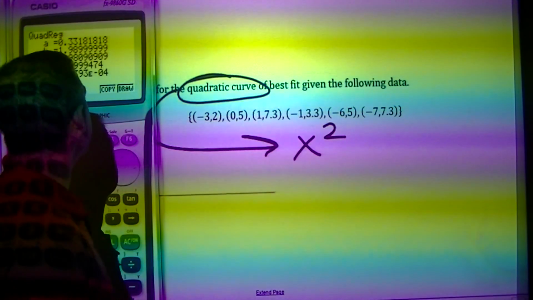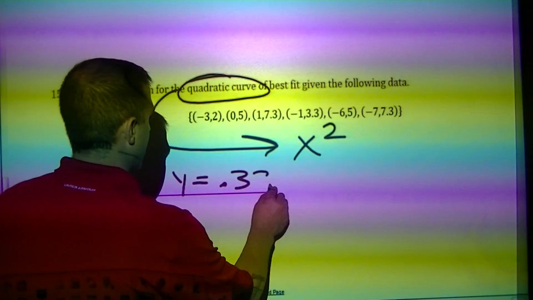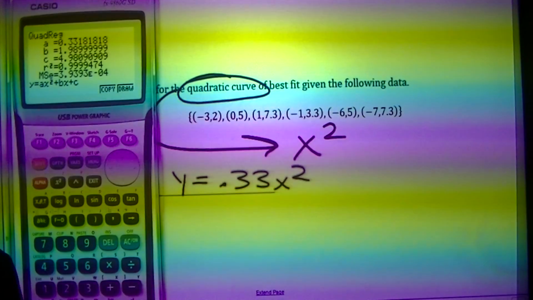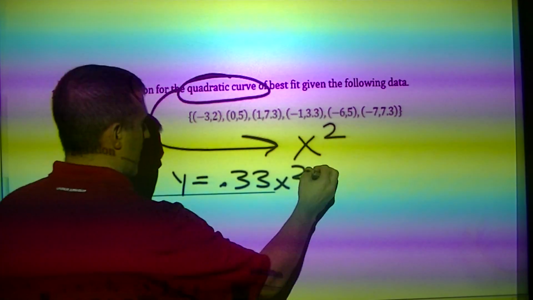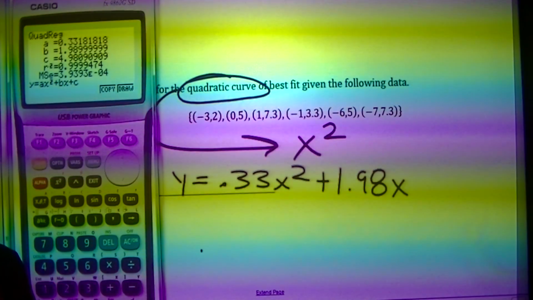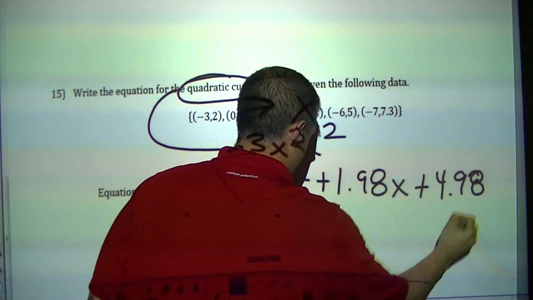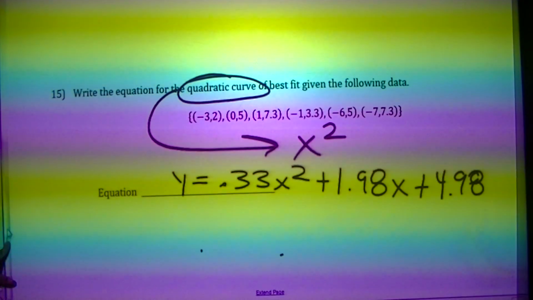And so what I got is y equals 0.33x squared plus 1.98x plus 4.98. And there's my curve of best fit, okay?